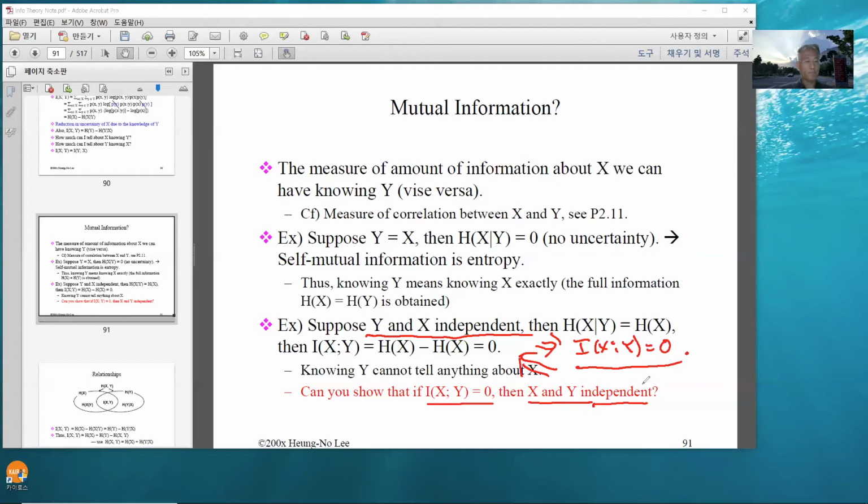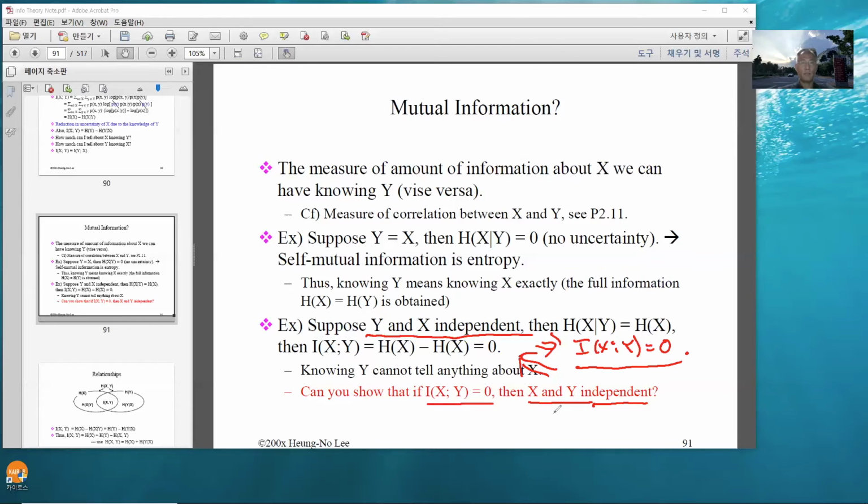You can use the relative entropy which you have shown, then you can use that to prove this. So mutual information is a relative distance of two distributions.